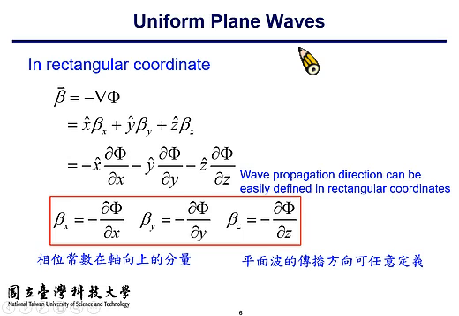And also, the beta is a positive real number. Because beta is a positive real number, so beta is actually greater or at least equal to beta x, beta y, and beta z.